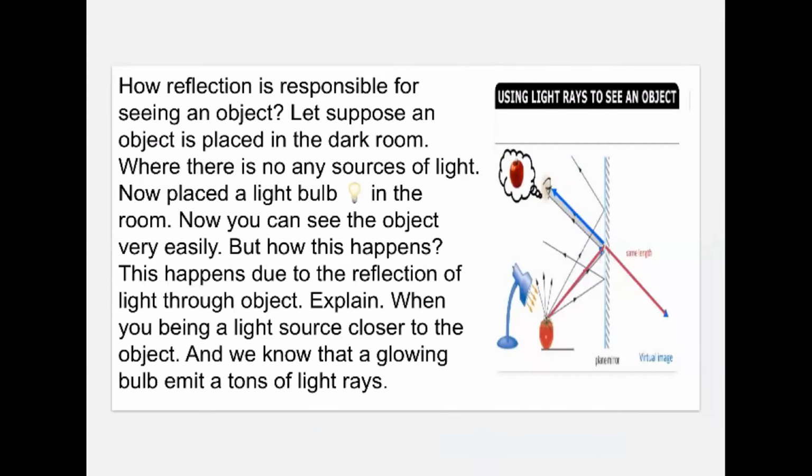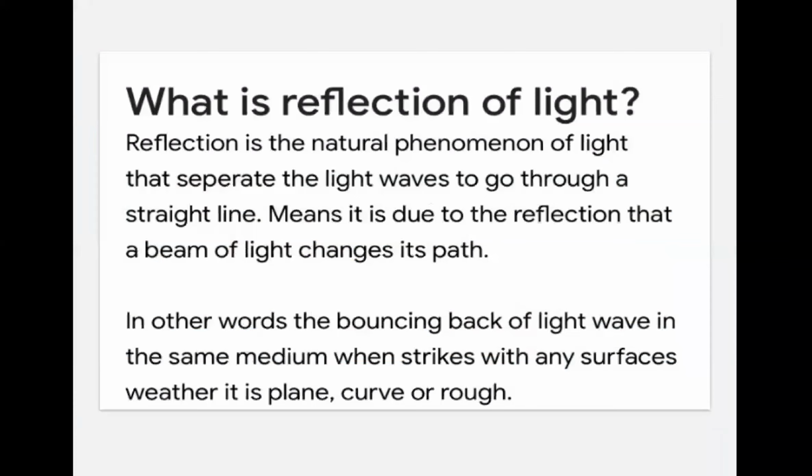The rays of light falling on any non-luminous object make it luminous, and that object starts emitting light, and when those light rays reach our eye, we are able to see the object. This phenomenon is called the reflection of light. It is a natural phenomenon. Reflection of light can occur on any surface, whether it is plain, polished, curved, or rough.